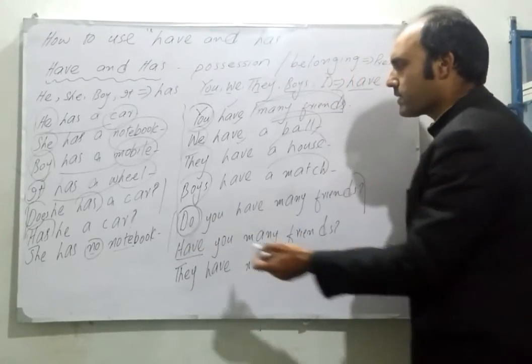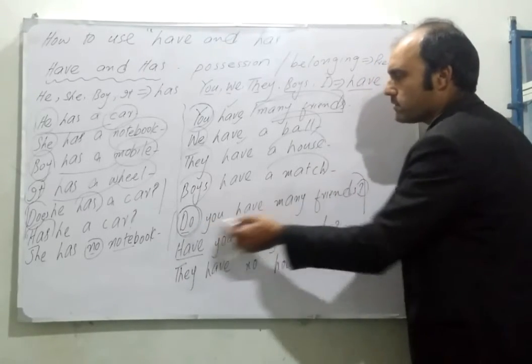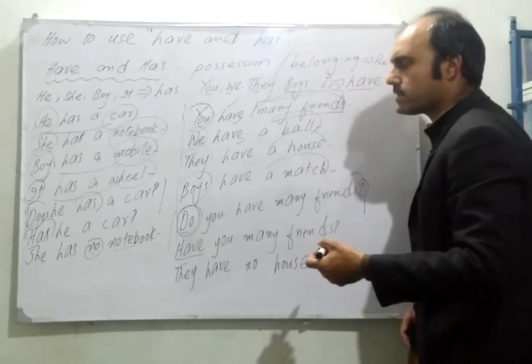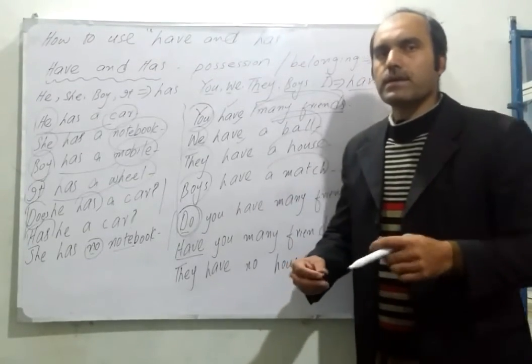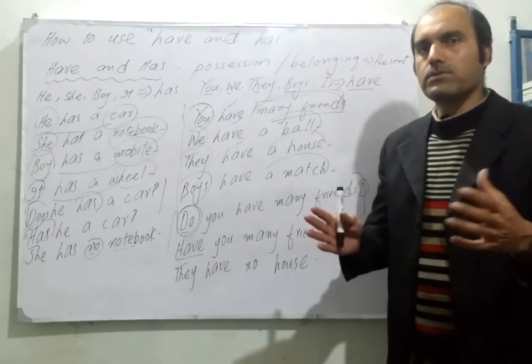Here you can see I put do because my sentence is interrogative. Do you have many friends? So this whole sentence shows us the interrogative form, the question form of the sentence.